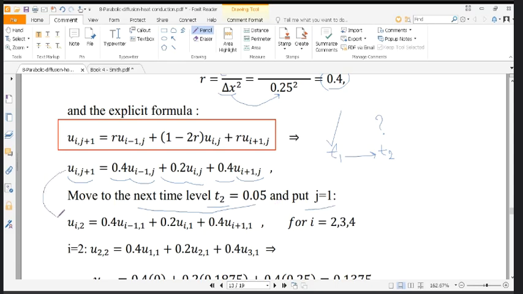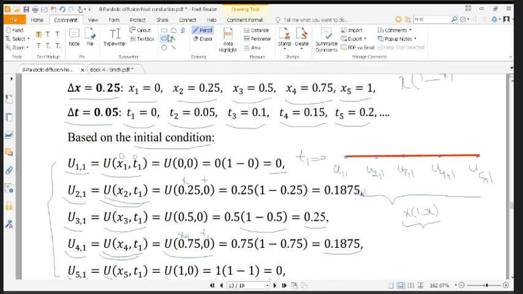When we put j equal to 1 in this formula, we have ui,2 equal to 0.4 ui-1,1 plus 0.2 ui,1 plus 0.4 ui+1,1, for i equal to 2, 3, and 4, only for 3 points, because we have 3 interior points at each step. Please pay attention.